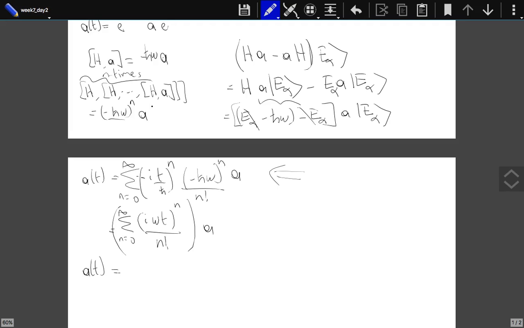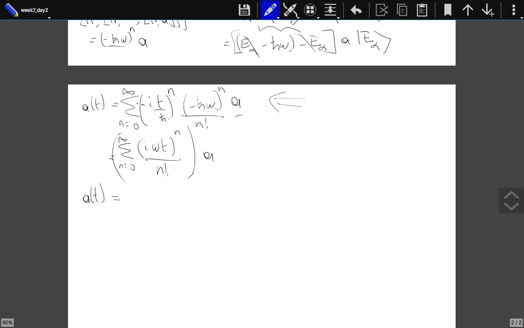The commutator of A with H is always proportional to A. So if we have n recursive commutation relations, all of them will be proportional to A, with each commutator bringing minus h bar omega. That's why I have this A over there. But A doesn't depend on n, so I can take it out of the summation sign. All the terms are proportional to A.